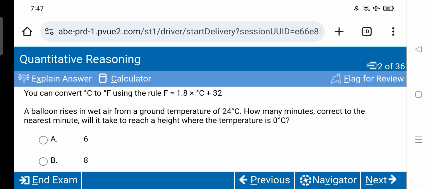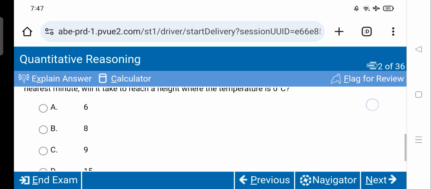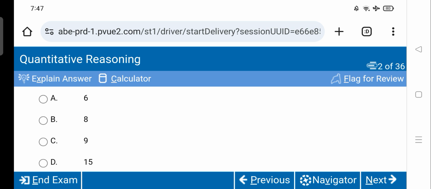How many minutes, correct to the nearest minute, will it take to reach a height where the temperature is 0 degrees centigrade? Option A, 6. Option B, 8. Option C, 9. Option D, 15. Option E, 343.